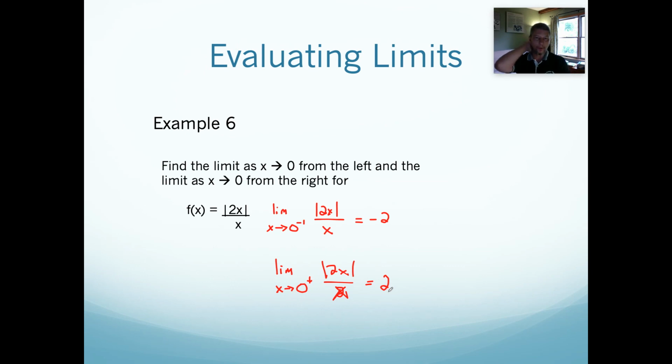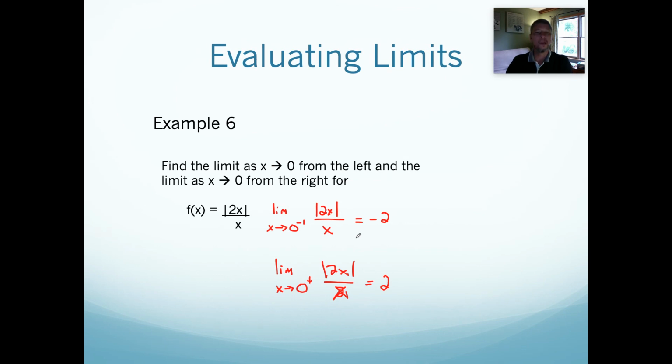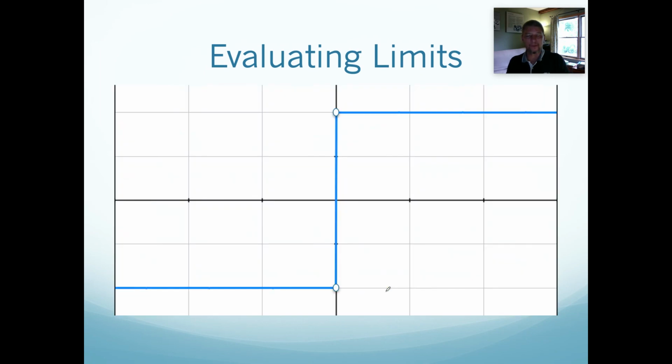So what we do instead is we calculate the one-sided limits like we've done here, and that gives me the limit from the left and the limit from the right. Now, just quickly, if you graph this function, you'll end up with a picture that looks like this. Graph Sketch does weird things here. This vertical line shouldn't be in the graph.